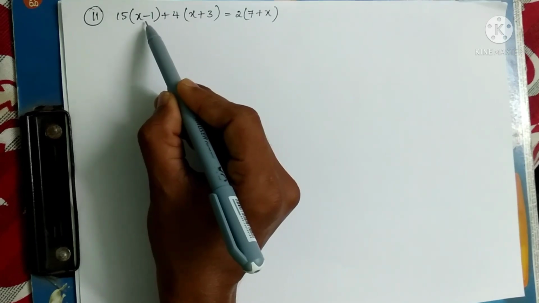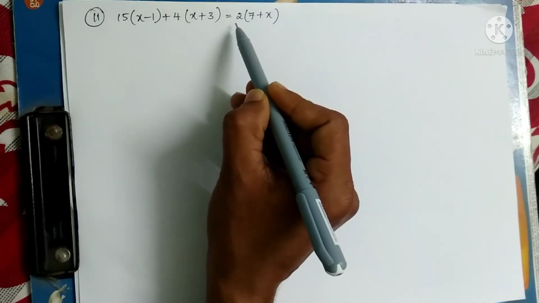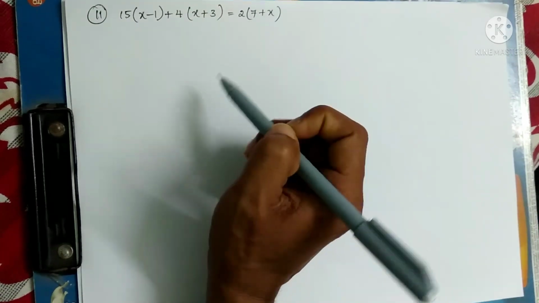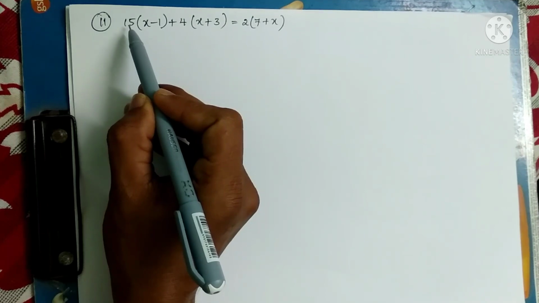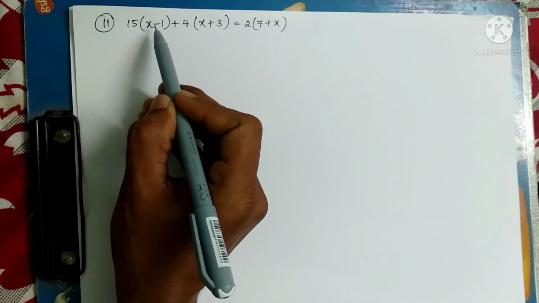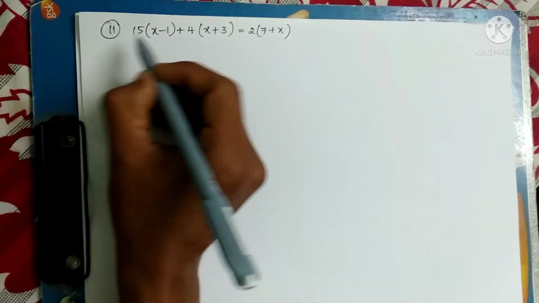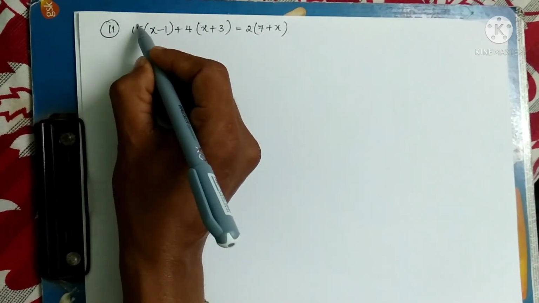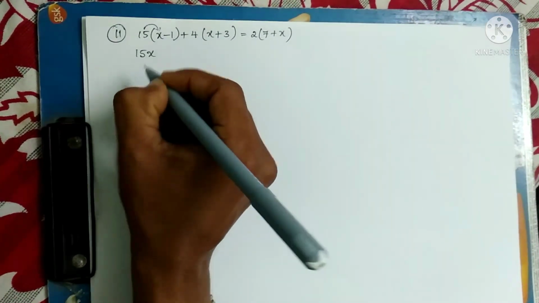15 into x minus 1 plus 4 into x plus 3, which is equals to 2 into 7 plus x. So first we need to multiply the constant terms into the two terms, which is nothing but x minus 1. So let us multiply with 15. 15 into x is 15x.